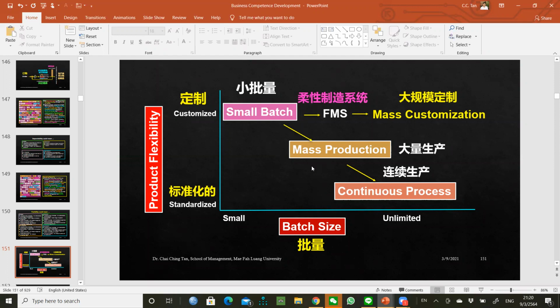And then in between, you have maybe different batches of mass productions and assembly line. But if you really want to have this small batch but mass customizations, then probably you have to use some technology such as robots, right? Flexible manufacturing systems with robots will probably give you the mass customizations.